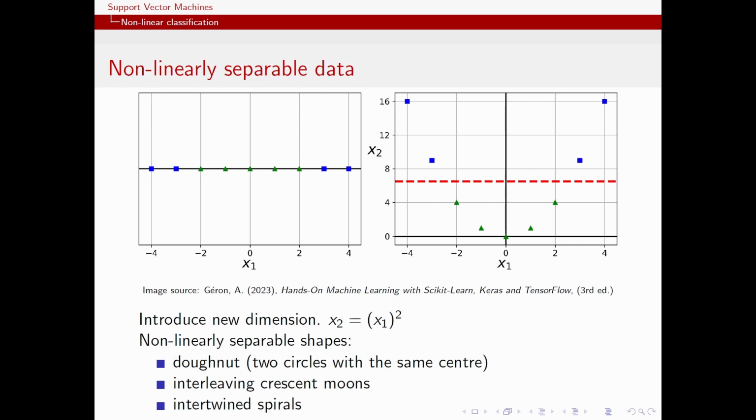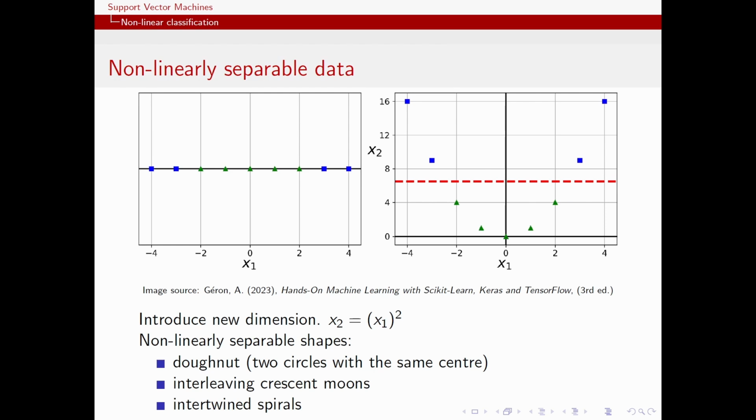Now there are many shapes of data that are non-linearly separable. From a two-dimensional space we can talk about a donut shape, so those are two circles that have the same center, an outer circle and an inner circle. There is no way we can draw a line to separate them.